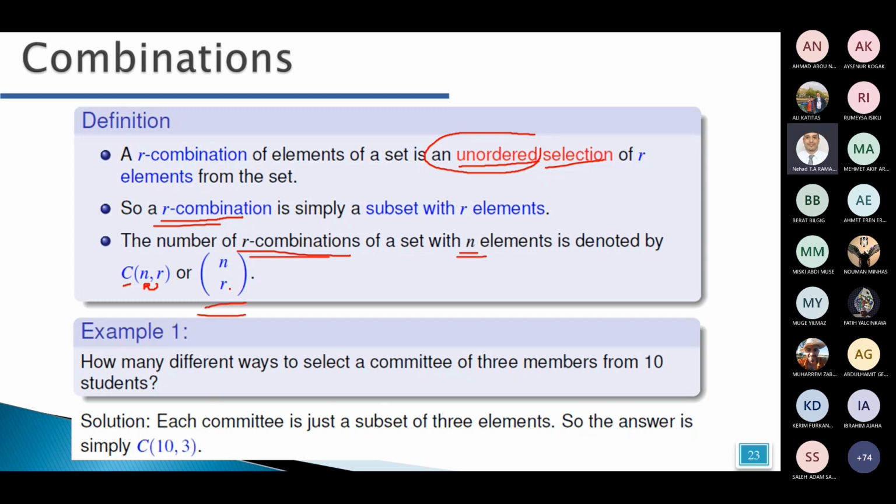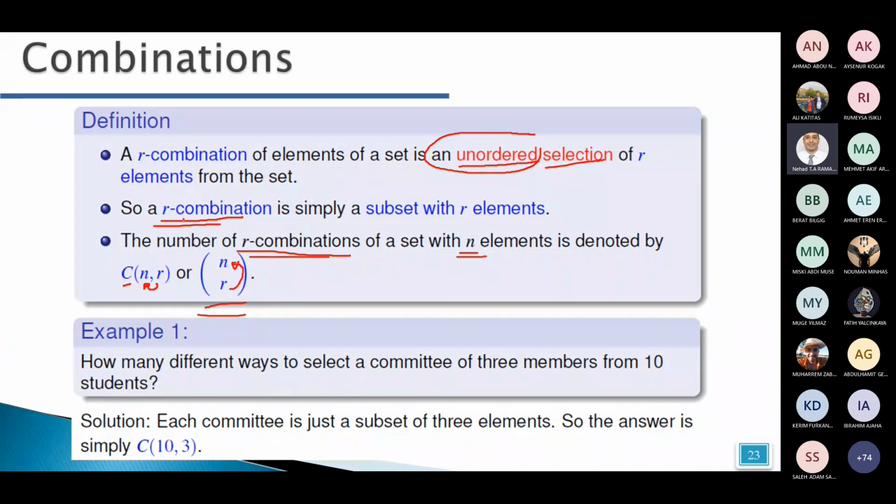What does this mean? This means we need to select a subset from the original set, but not in a specific order. The order doesn't matter. You take this one first, you take this one second, you take this one third, it doesn't matter. The order doesn't matter here in the combination.